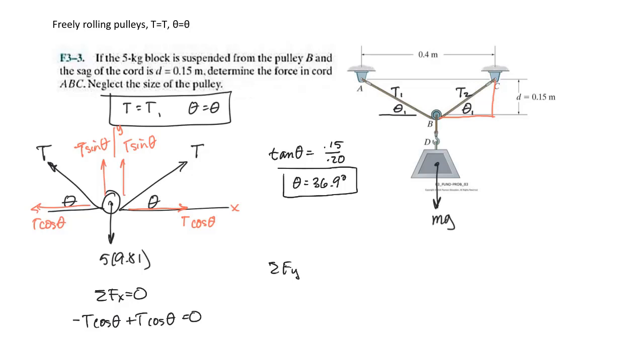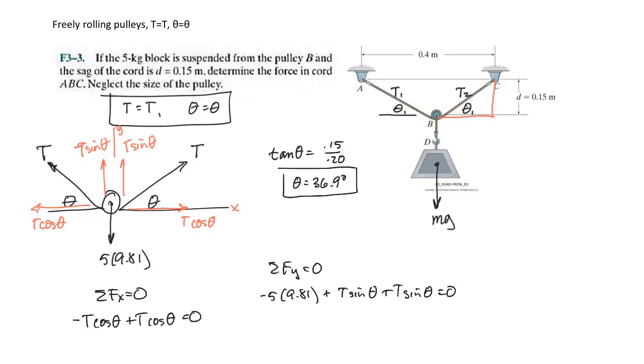Sum of the forces in the y is equal to 0. So I got minus 5 times 9.81 plus T sine theta plus T sine theta equals 0. And what you'll find is that freely rolling pulleys generally can be resolved. The forces can be resolved using the one equation, the force in the y equation.